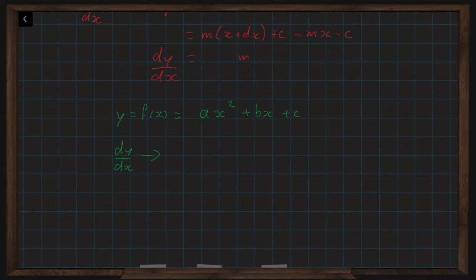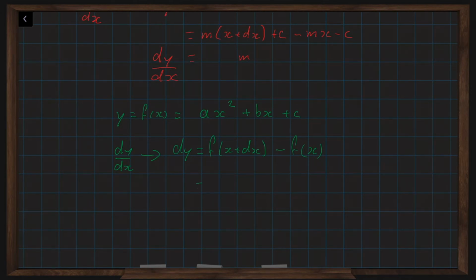Well, we find the top part, which is dy, and that is equal to that function f of x plus dx minus f of x. Now, f of x we already know, that's ax squared plus bx plus c. What is f of x plus dx?